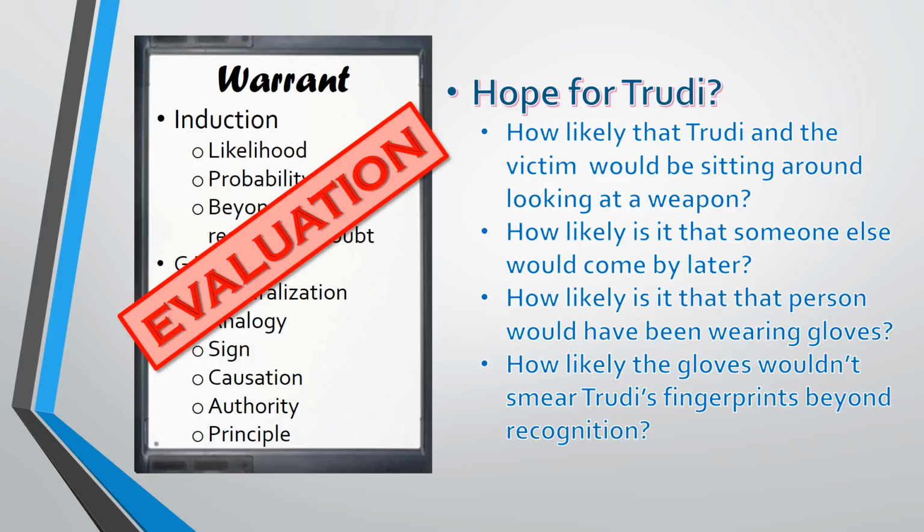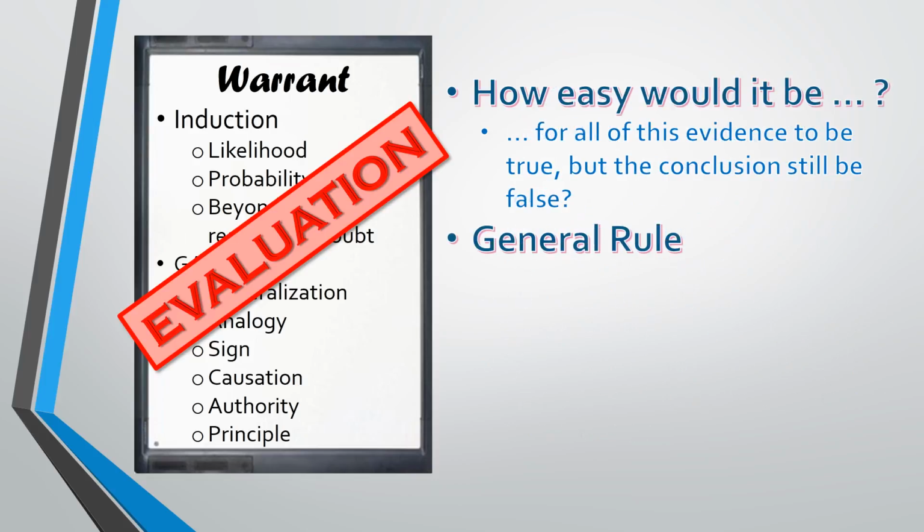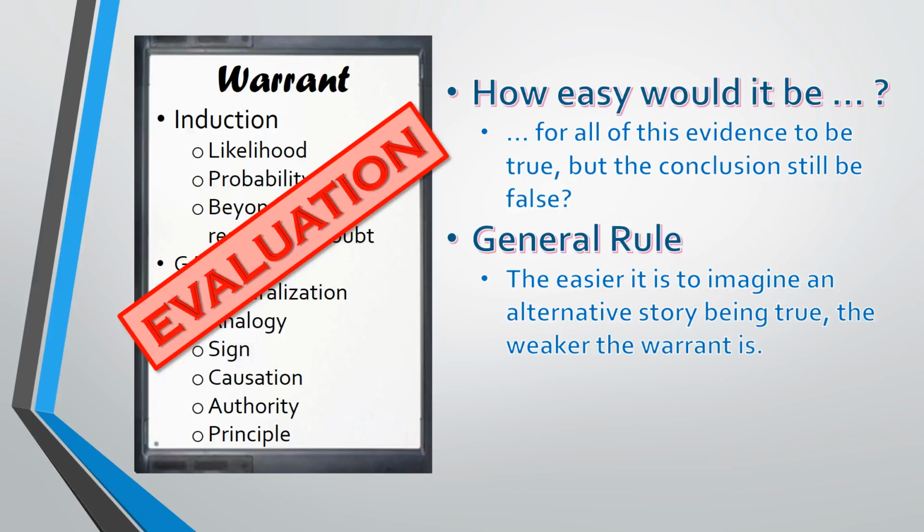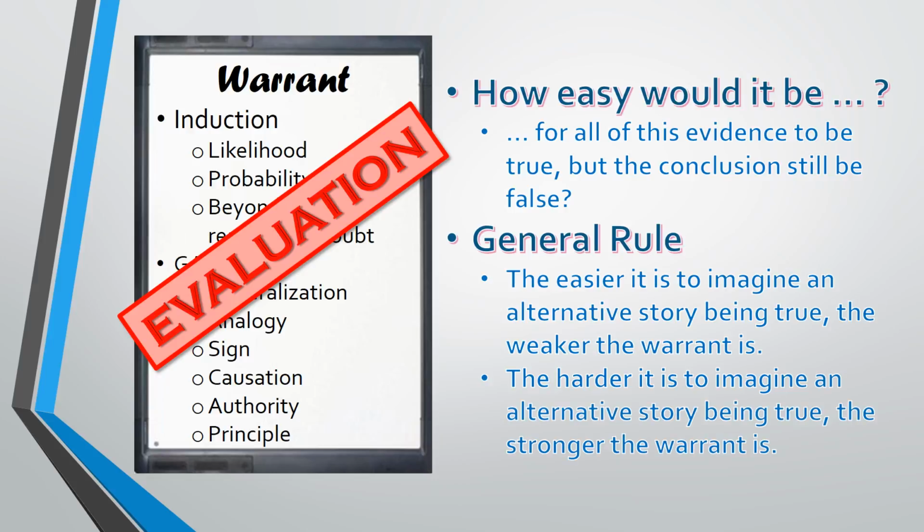The less likely the alternative, the more likely the original. So, once again, the easier it is to imagine an alternative story being true, the weaker the warrant is. The harder it is to imagine an alternative story being true, the stronger the warrant is.